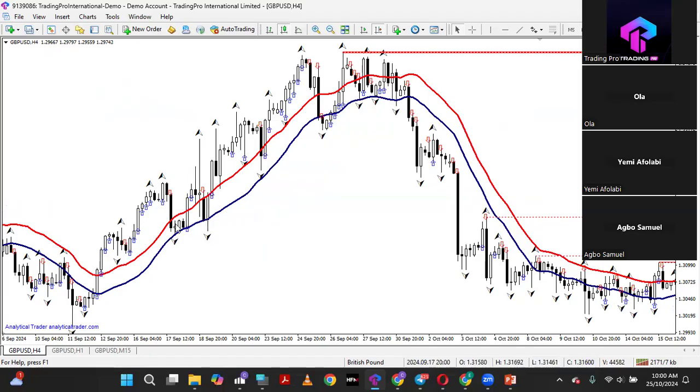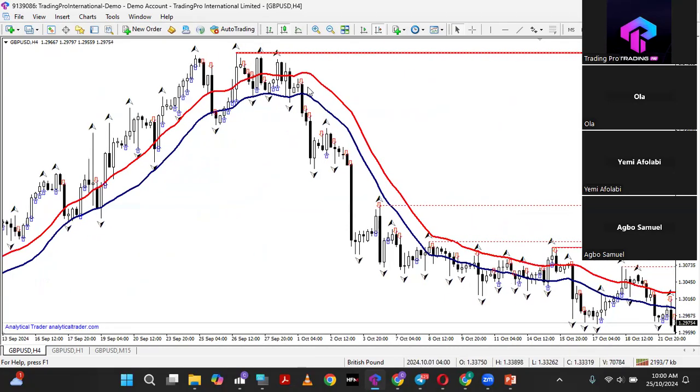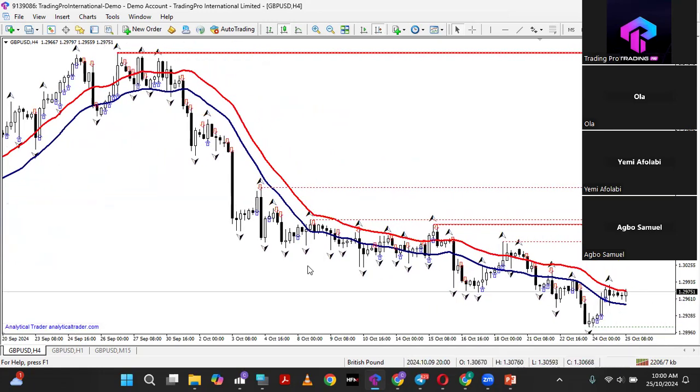So as long as price is staying above the blue moving average on the 4 hour, the blue moving average set to the low, that means that we are in an uptrend. The moment price starts going below the blue moving average on the 4 hour, we are in a downtrend, what you call a bearish market condition.